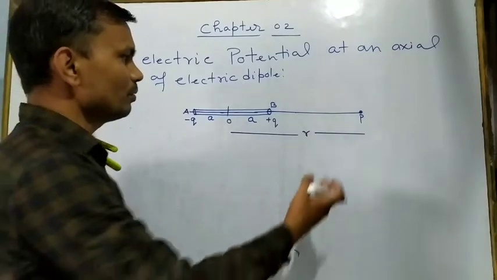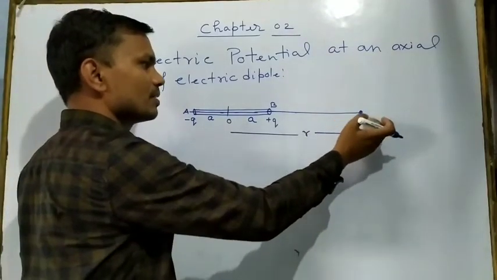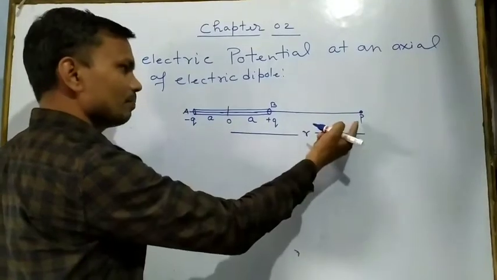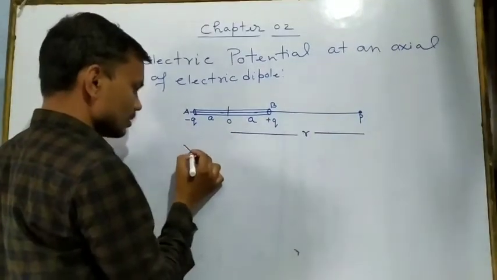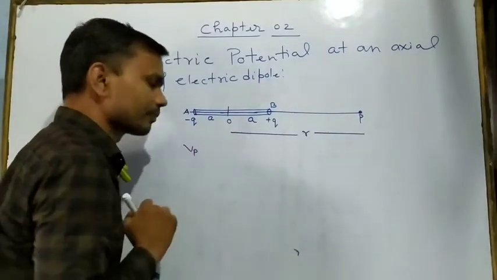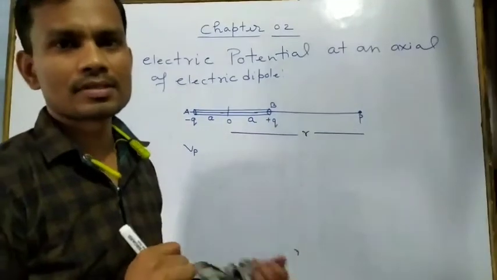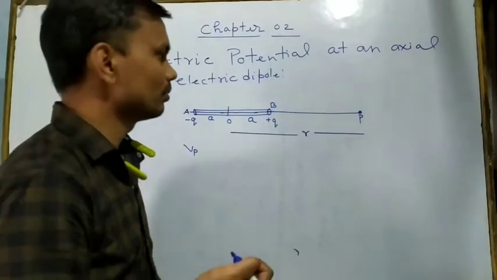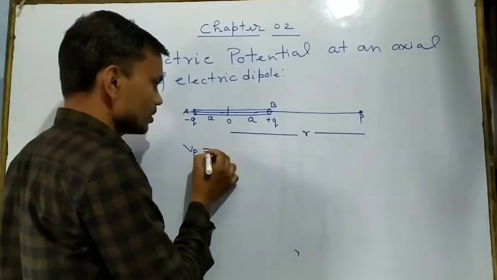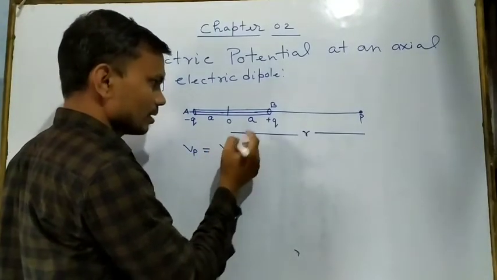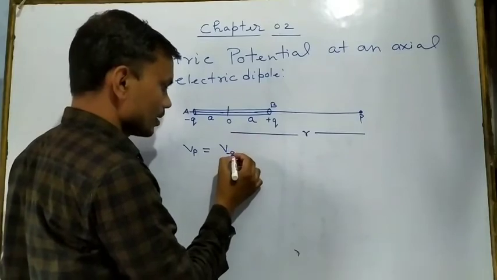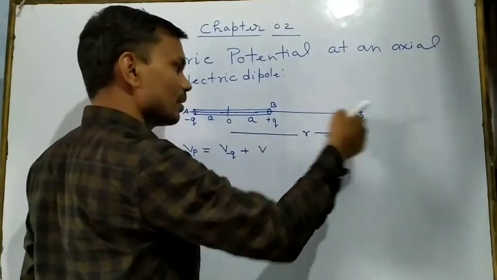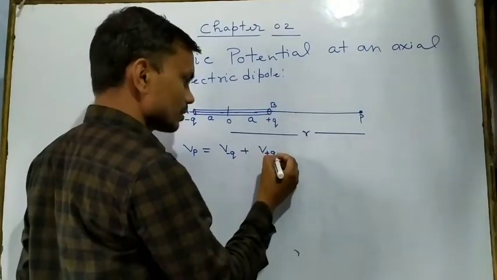So if you want to calculate the net electric potential at point P, suppose the net potential at point P is Vp, and you know electric potential is a scalar quantity. So simple addition we are going to use: the electrostatic potential due to the minus q charge plus the electrostatic potential at point P due to the plus q charge, right?